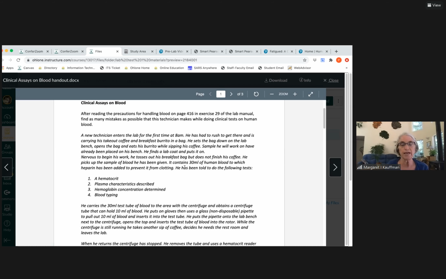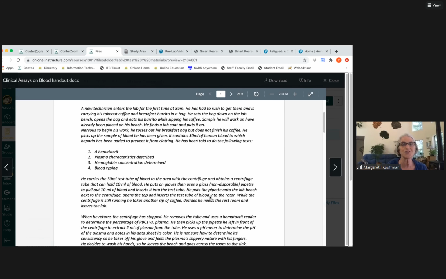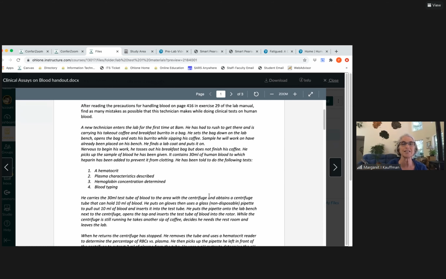So this lab manual exercise starts with a series of rules about handling blood, human blood, but it could be any other potentially contagious human secretion. And what I did is I wrote this about page-long, maybe entertaining story about a lab technician who isn't always following the rules.